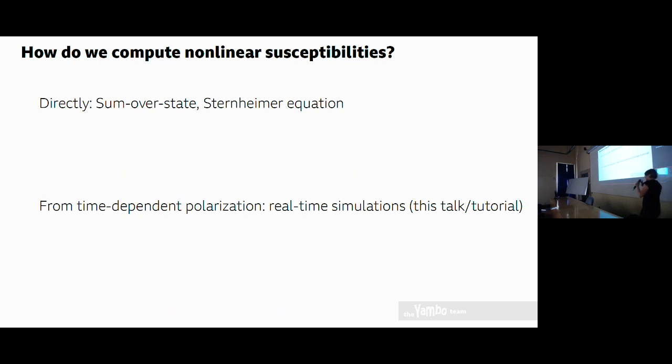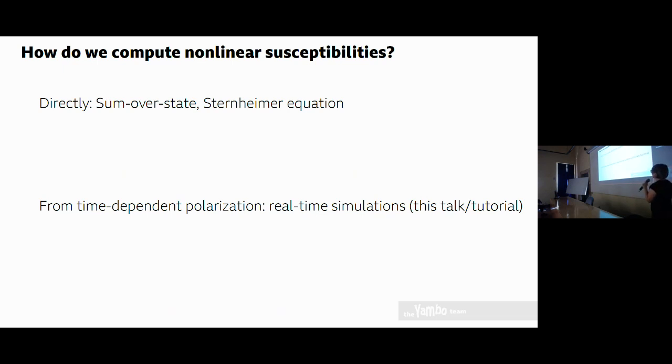You can express them as a sum over states, where you can put the states coming from, I don't know, a density functional calculation. Or if you want to avoid the sum over states, there are some ways, like using the Sternheimer equation.